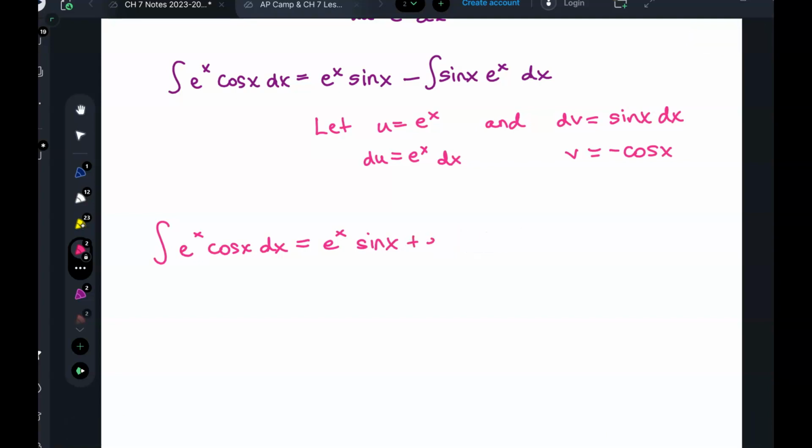I'll write it out so we can see. Both of them end up being plus, except for the negative cosine, but that's after you integrate.